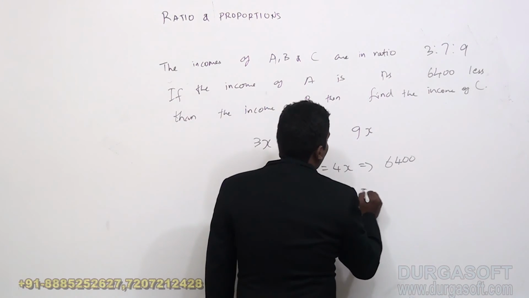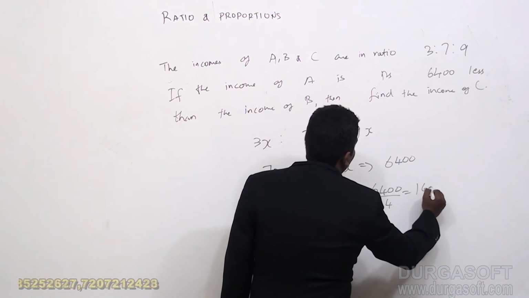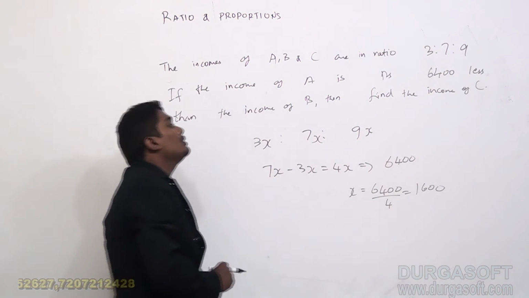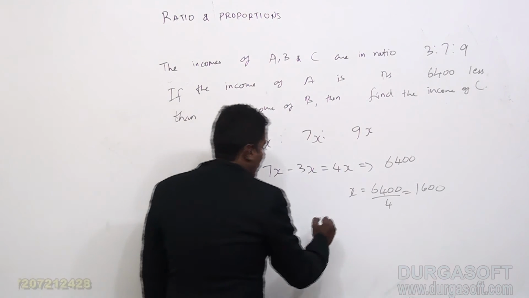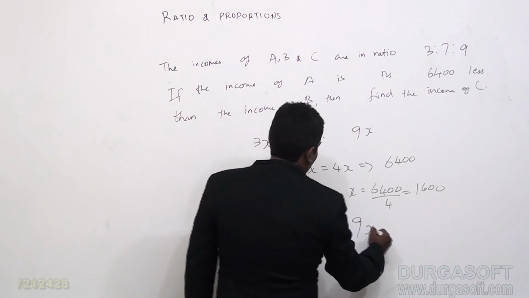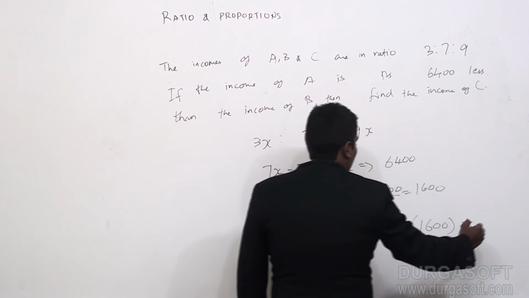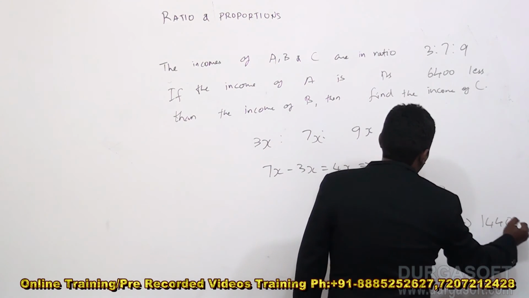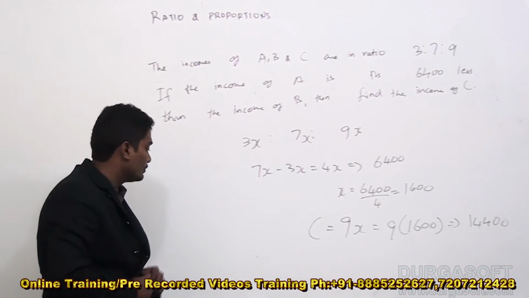So I'll get the value of x as 6,400 divided by 4, which is 1,600. Now using this value of x, I can find the income of C. The income of C is 9x, which is 9 times 1,600, which is 14,400. This will be the answer for this question.